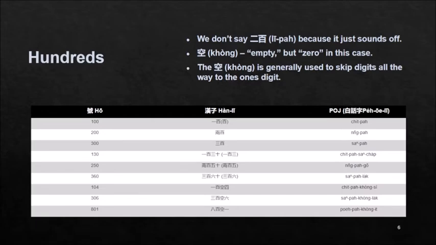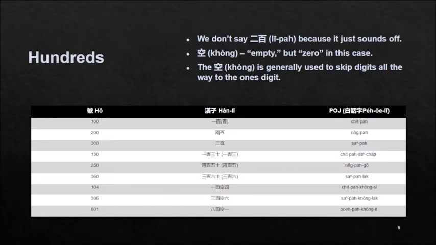So next we say kong for empty, but zero, it means zero in this case. So kong kong is generally used to skip digits all the way to the digit after next, or to the ones digit.